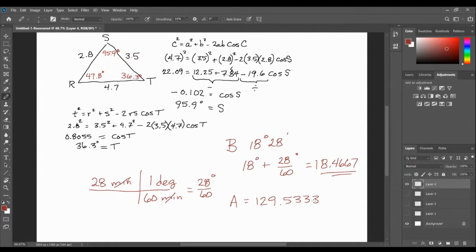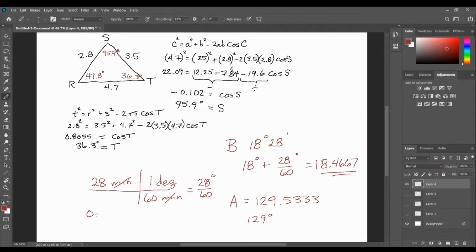Well, I need this in minutes. I know that this is the degree portion, so I've got 129 degrees. I'm just going to look at the fraction portion. So I'll subtract 129 from the 129.533 to give me just the 0.533.